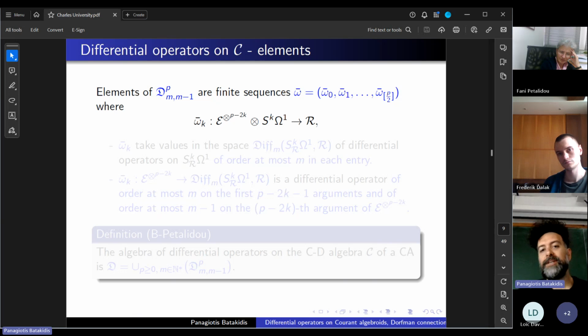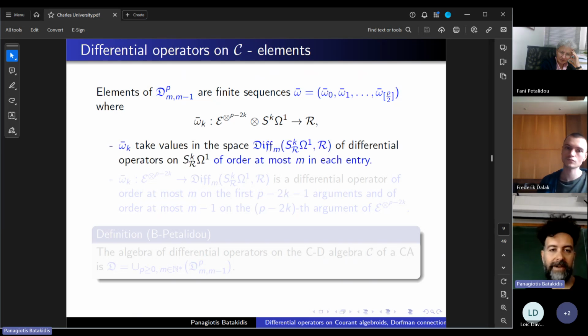Again, these terms in this finite sequence look like the maps you had before. There are two kinds of variables they can take in, either sections from your Courant algebroid or one forms. The difference from before is that now you can take them to be higher order differential operators. So in a fancy way, that's what I'm writing here.